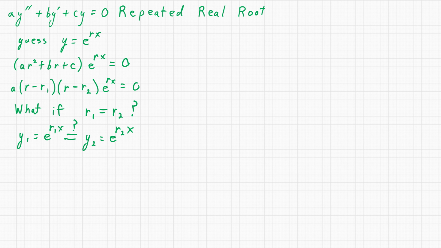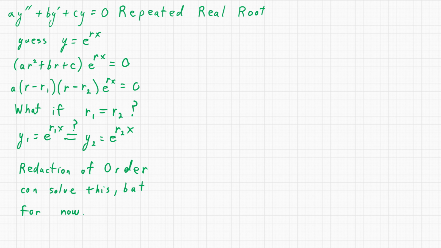Well, there is a way to solve for this that isn't just a guess. It's called reduction of order. You will learn about it later on, but for now, use y2 is equal to x e to the r1x.